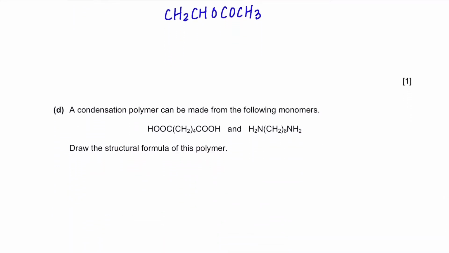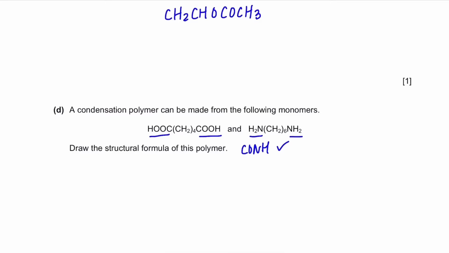Part D. A condensation polymer can be made from the following monomers. Draw the structure formula of this polymer. This time, they gave you monomers and you need to draw the polymer. We can see that there are COOH groups at each side of the left monomer and NH2 groups at each side of the right monomer. As a result, amide linkage, CONH, will be formed in between.